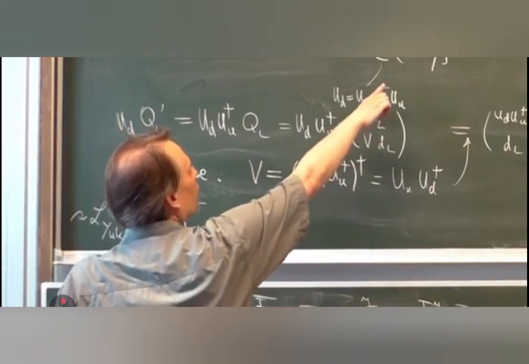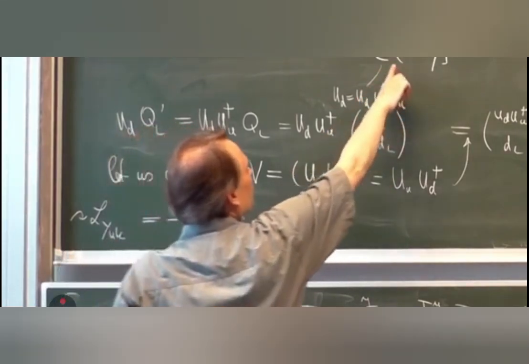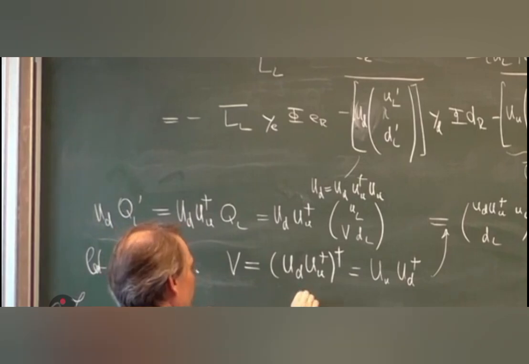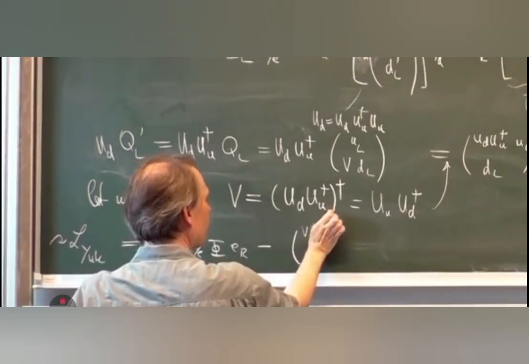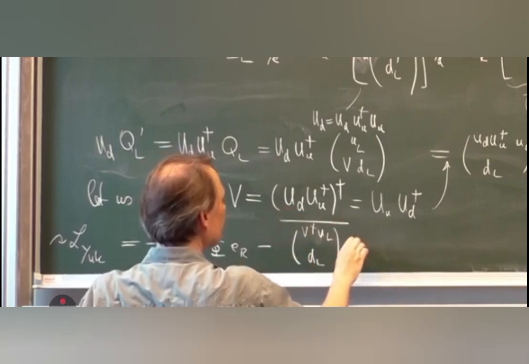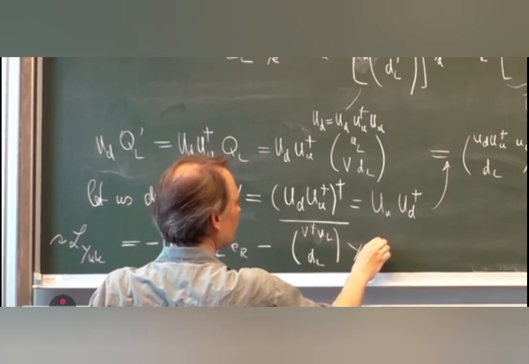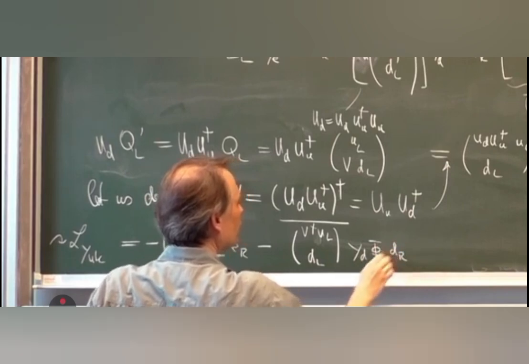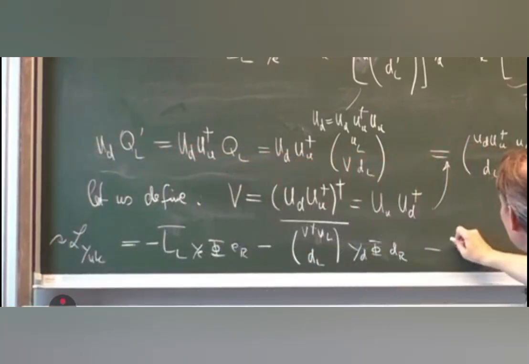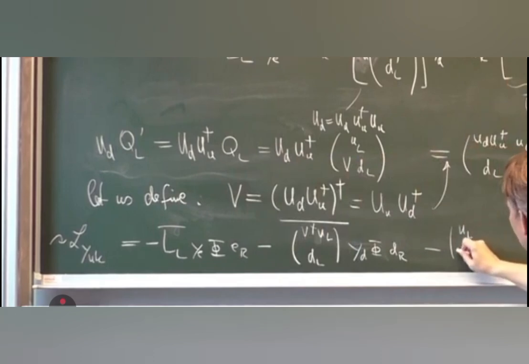Minus, and now here we have the barred version of V dagger times (u_L, d_L), the whole thing bar times Y_D phi d_R without prime. And in the up quark sector we get (u_L, V d_L) bar Y_U phi tilde u_R.